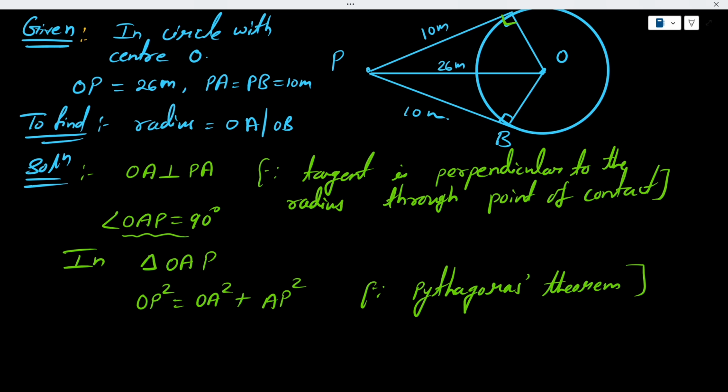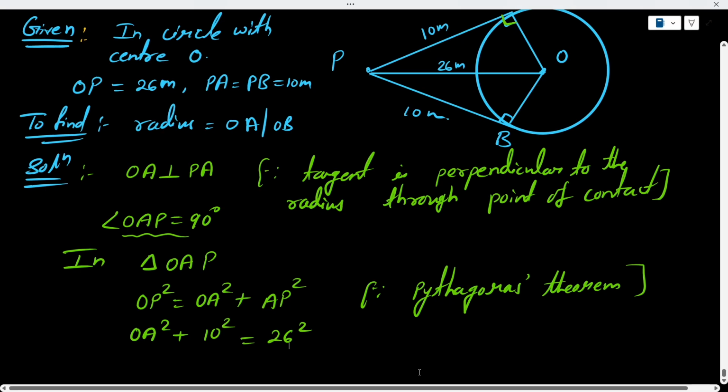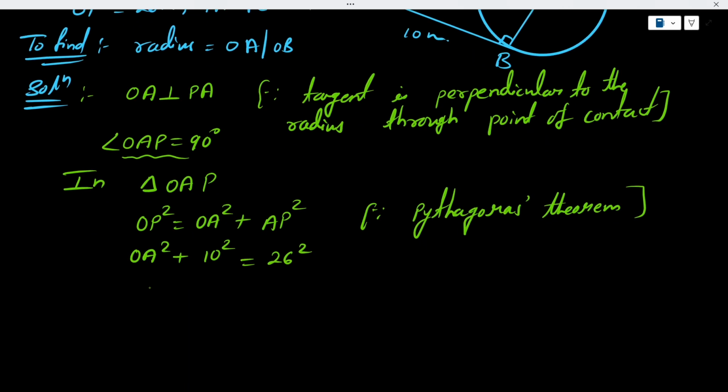Now substitute the values. OP is 26, OA we don't know, so OA square as it is, plus AP is given as 10 square. I just swapped the sides because OA is unknown, so I kept it on the left hand side: OA square plus 100 equals 26 square. Please remember all the squares till 25, but 29 also, do it quickly.